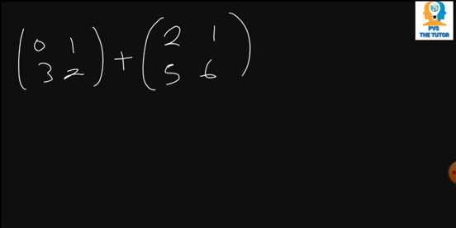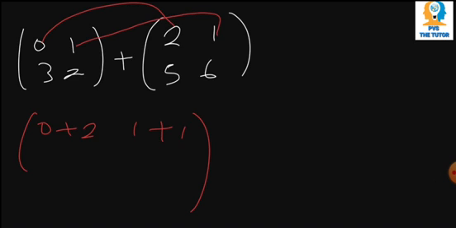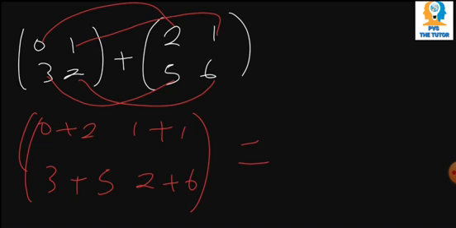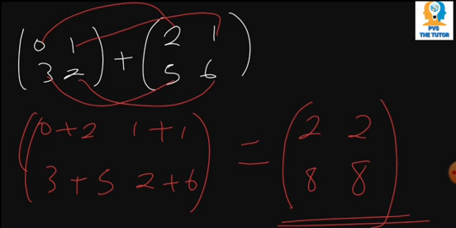So it's 0 plus 2, 1 plus 1, 3 plus 5, then 2 plus 6, and the resulting matrix is 2, 2, 8, and 8. So that's how you can add two or more matrices.